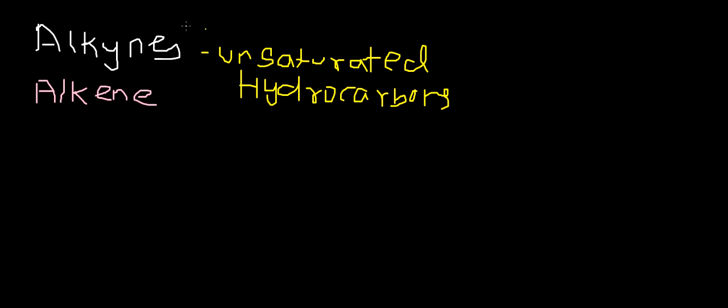Now we say alkyne to a compound when there exists a triple bond between carbon atoms of the compound. I will write it in neater handwriting. So when there exists a triple bond, these are known as alkynes.